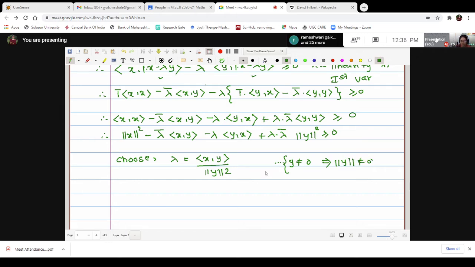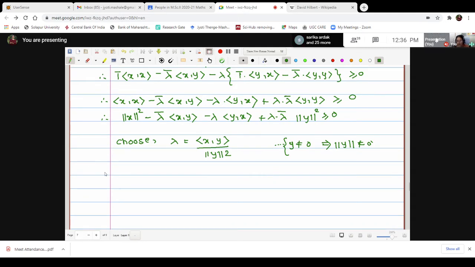Therefore let's put the value of lambda in the above inequality.